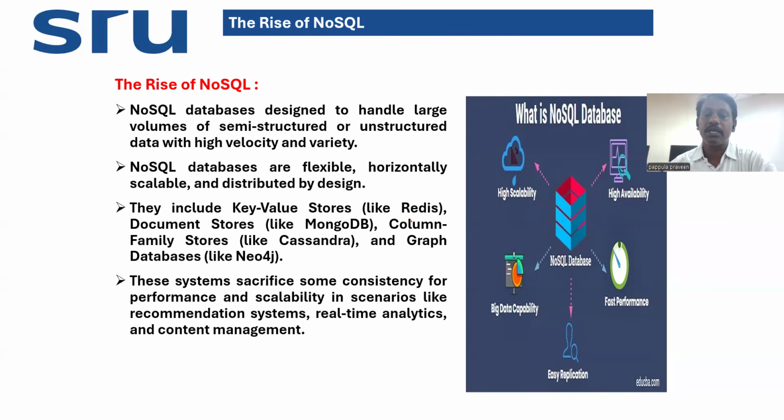These systems can sacrifice some consistency for performance and scalability in scenarios like recommendation systems, real-time analytics, and content management. So what is NoSQL? High scalability, high availability, big data capability, fast performance, and easy replication.